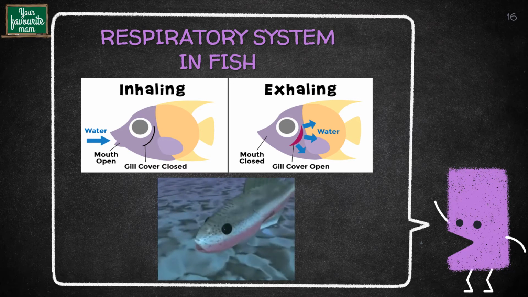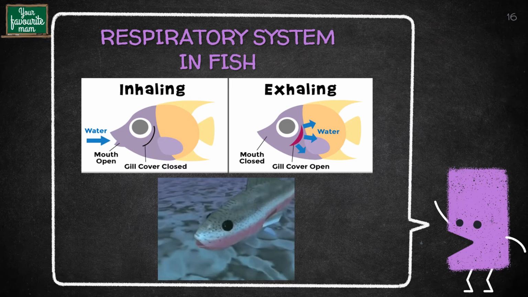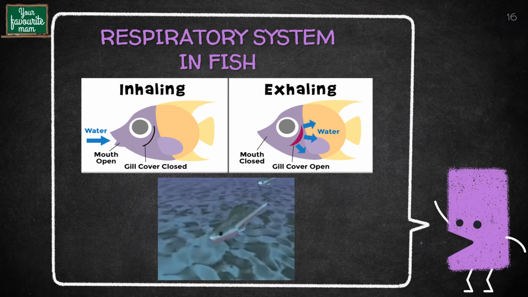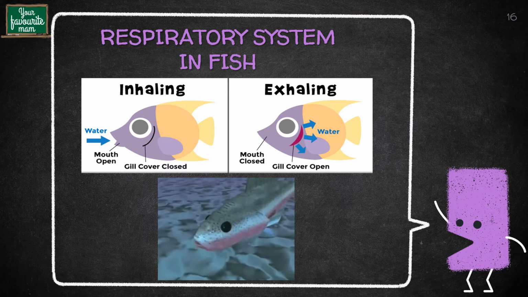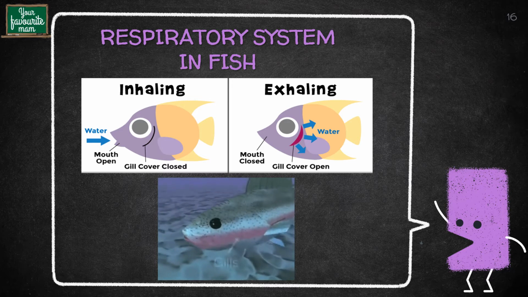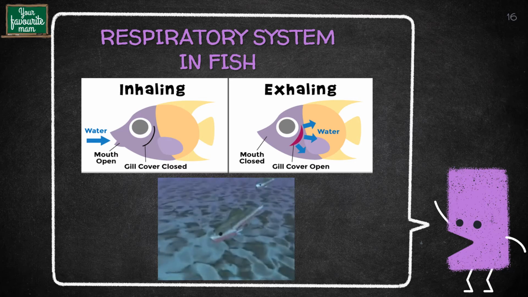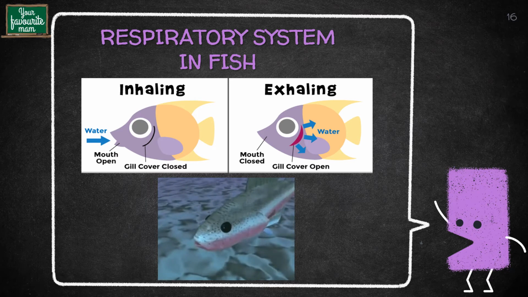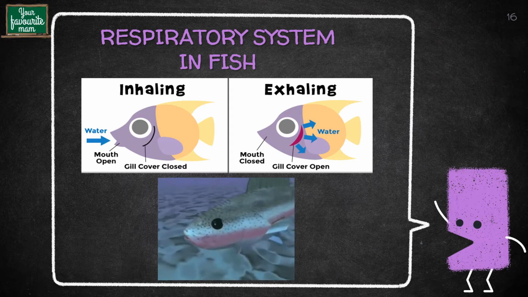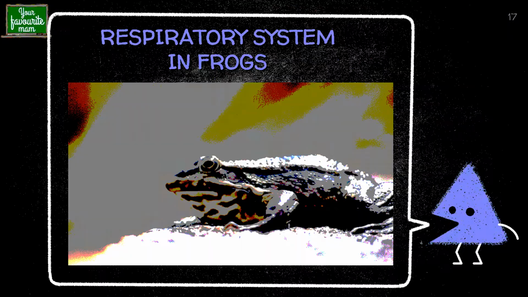So when fishes breathe, water is taken in continuously through the mouth and passed backward through the gills, where exchange of gases takes place. The dissolved oxygen is then taken inside the body to each and every cell, and excess carbon dioxide is given up to the water.